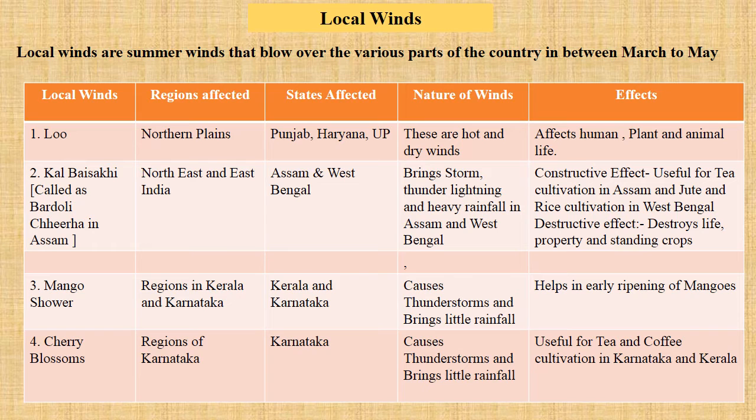Especially in Karnataka, the coffee cultivation gets benefited from this local wind called cherry blossom as they bring little rain. So this was all about the local winds that blow in India in summer season. Loo, Kal Baisakhi, mango shower and cherry blossom. Let's go to the next slide.